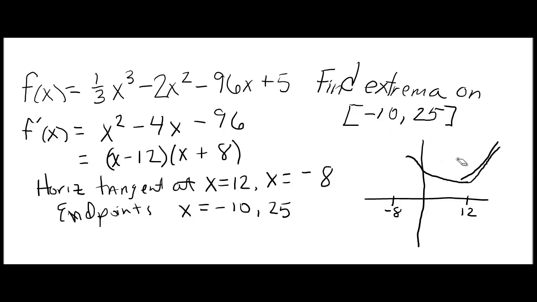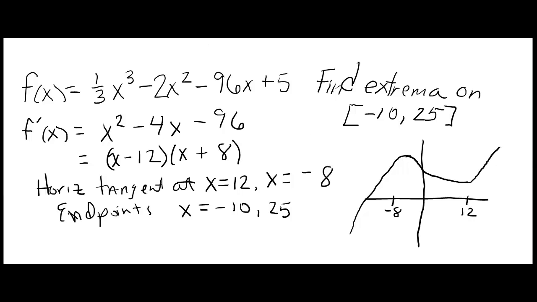Graph up a little bit. There, so it looks something like that. And if we were below -8, like at -10 for example, we'd see both terms are negative, which would say that the function is increasing, so it's coming up like this, perhaps.